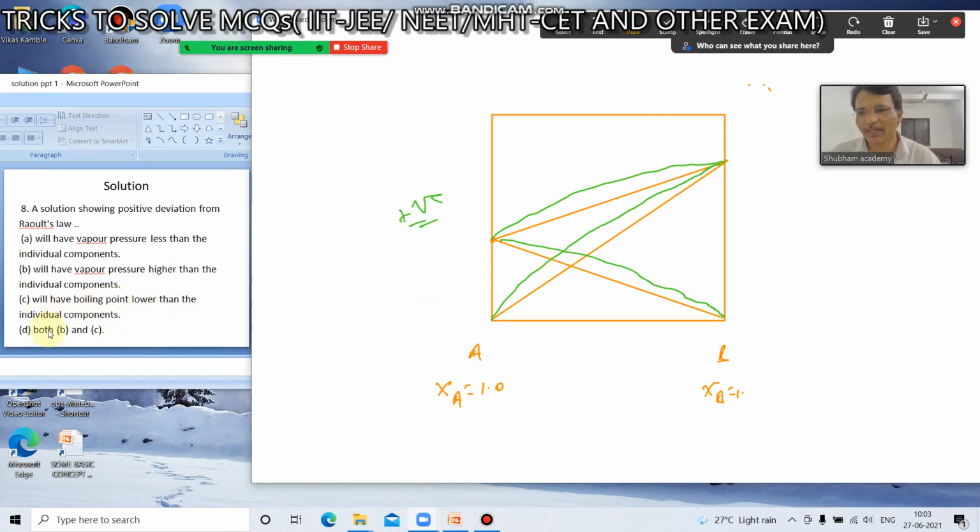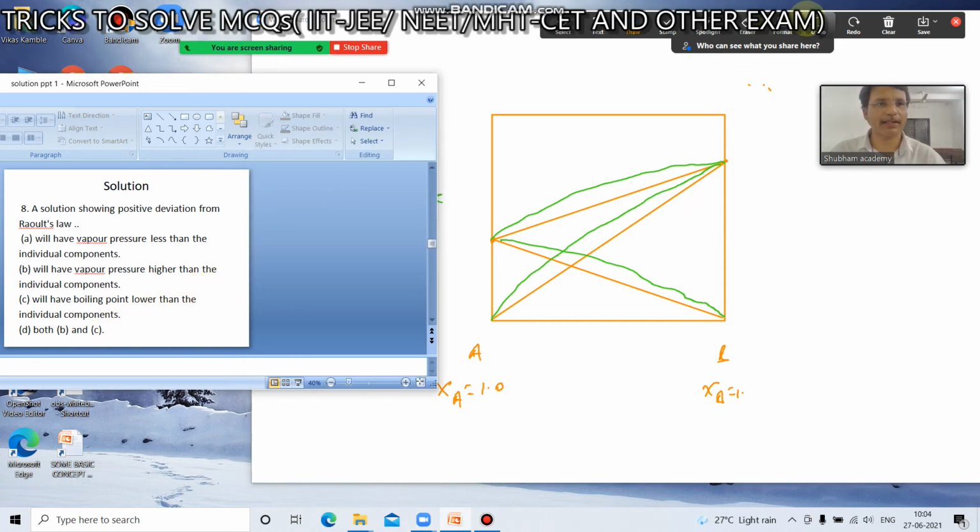That means option D is correct. The vapor pressure is higher than the individual, and if the vapor pressure is higher, then the boiling point will be lower. Like you know, water has a high boiling point, 100 degrees Celsius. Its vapor pressure is low compared to, suppose, ethyl alcohol, whose vapor pressure is higher and boiling point is lower. And that's why option D is our correct option.